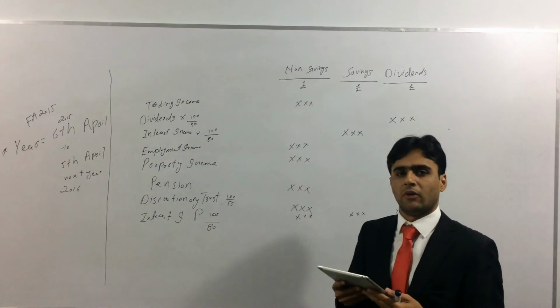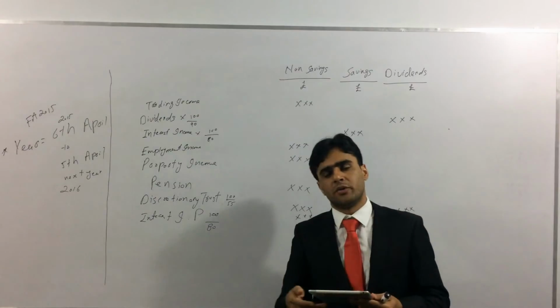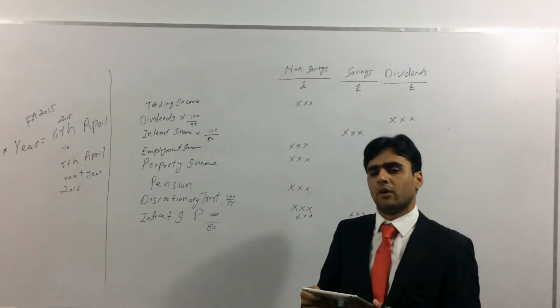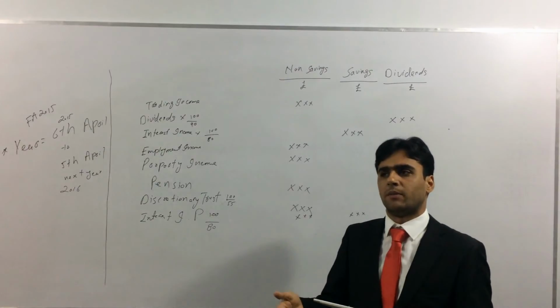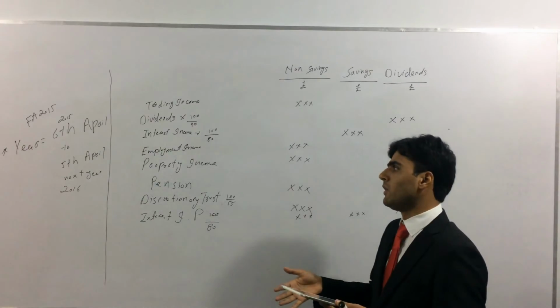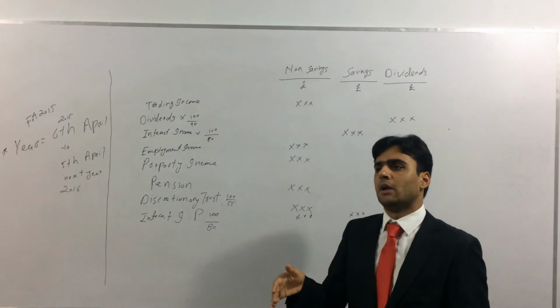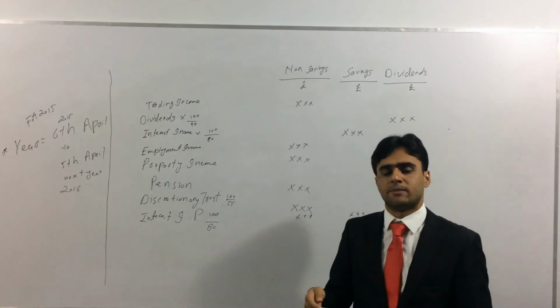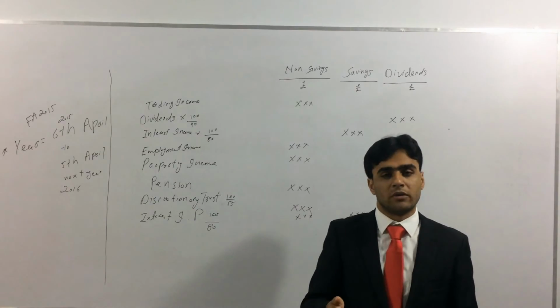Net income before personal allowances. Now personal allowance, if you don't know, you should go to the F6 lecture where I have explained what the personal allowance is and all that. But for now, for an overview, it is simply a threshold up to which you don't have to pay tax. For the current year, personal allowance is 10,600.